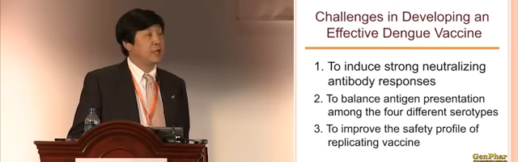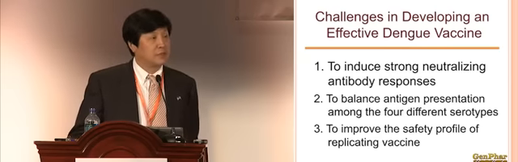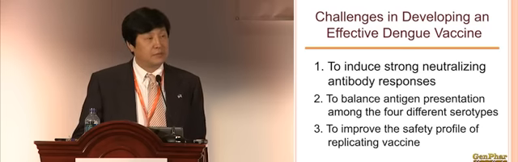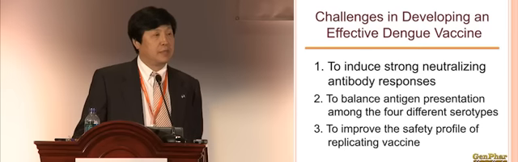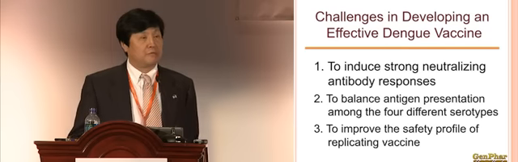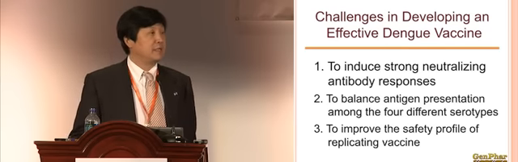There are many challenges in developing vaccines against dengue viruses. There have been attempts for the last 50 to 60 years, but unfortunately there is still no clinically approved vaccine available. There are several vaccine candidates.